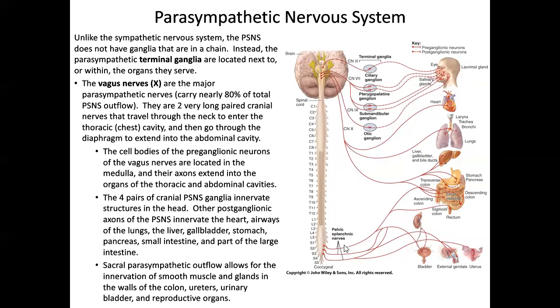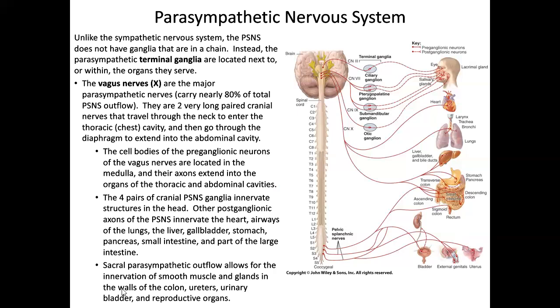Now at the very bottom of our spinal cord in the sacral region, we use the sacral parasympathetic outflow to innervate our most inferior pelvic organs, things like our urinary organs like the bladder and reproductive organs. Here's a male reproductive system, here's a female reproductive system.